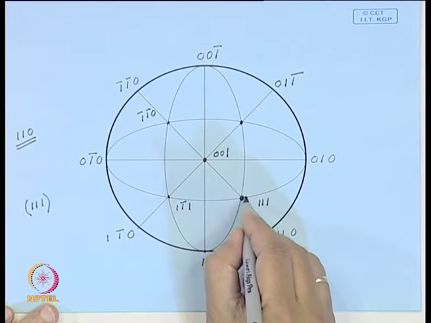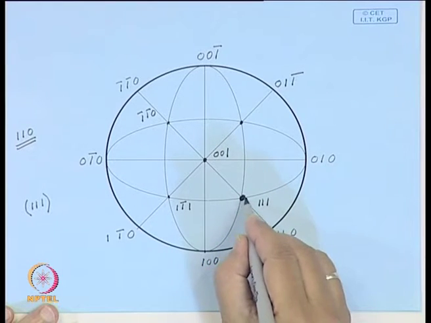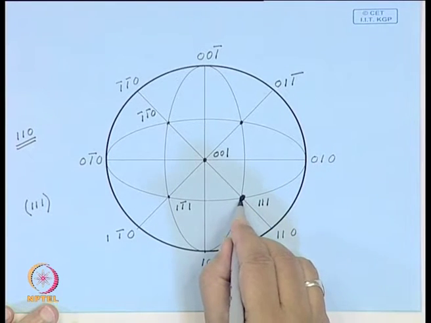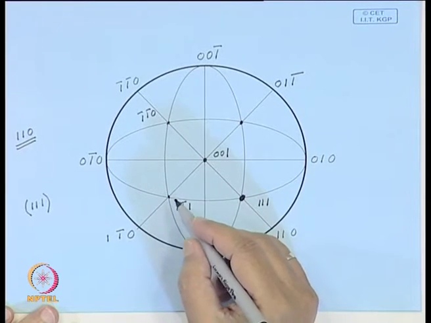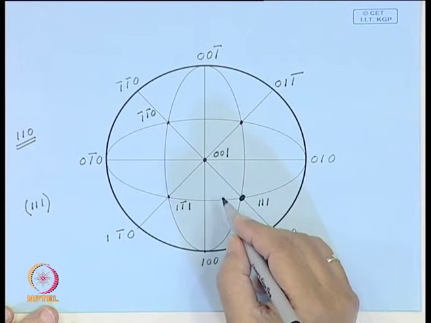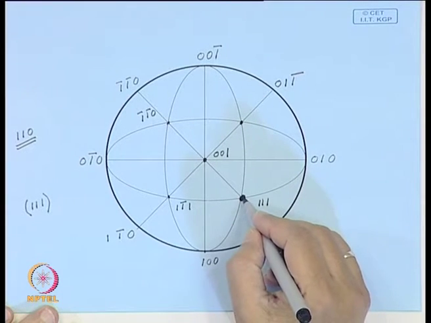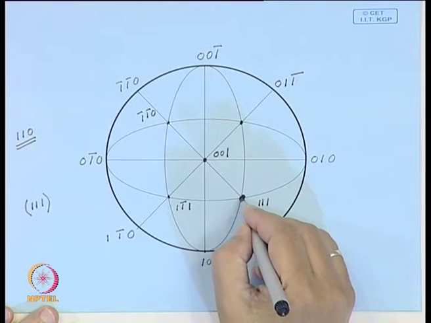Now, here this is the pole of 1 1 1. On this, try and construct the plane 1 1 1. Plane 1 1 1 will be represented by a great circle and that will be at 90 degrees from this.